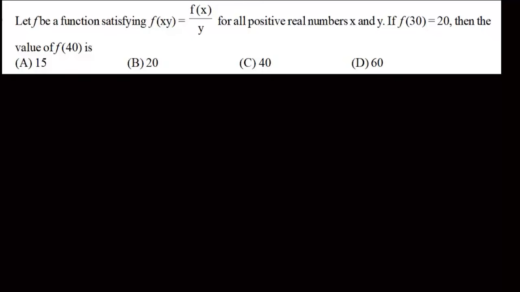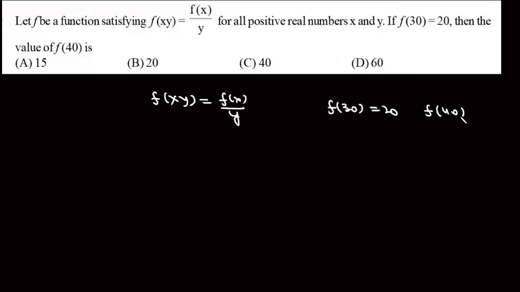Now here we are given a function f(x) satisfying f(xy) equals f(x)/y, and we are given that f(30) is 20 and we need to find the value of f(40). Now what we know is for a product, we just need to find f(x) because we'll get y simply by substitution.